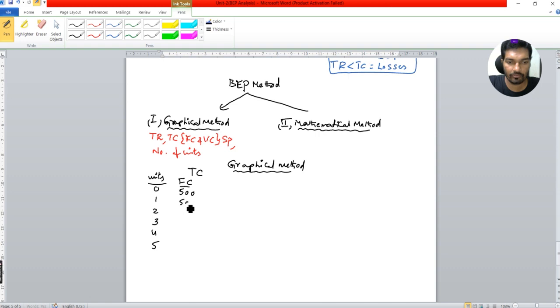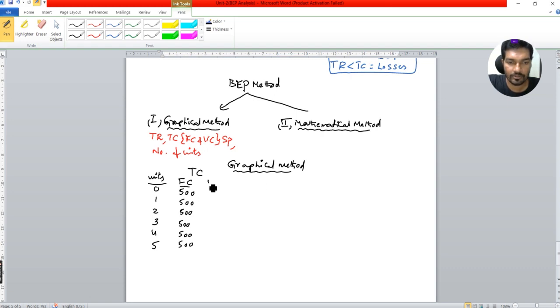No matter how many units you are producing, you have to pay the same amount of money. Fixed cost remains constant for every level of output. Fixed cost includes the rent for the office building, salaries for the administrative staff, interest on borrowed funds.